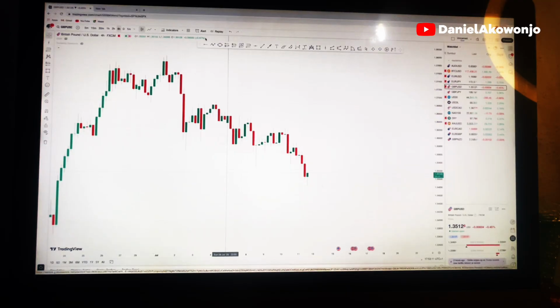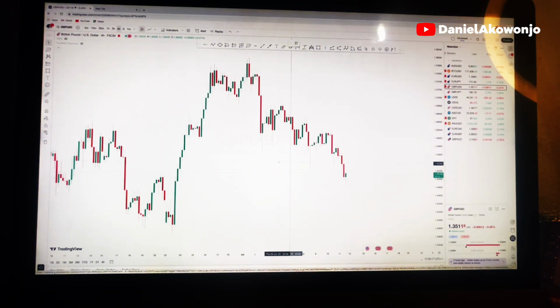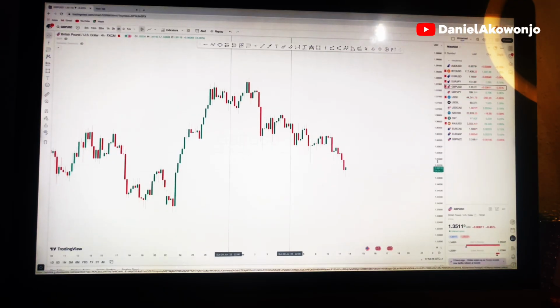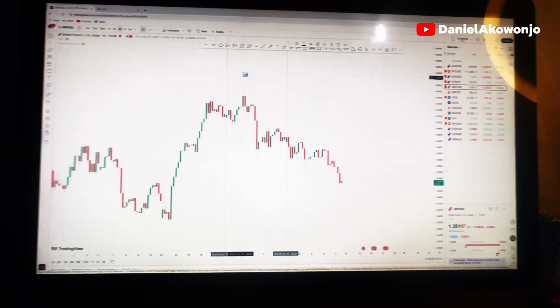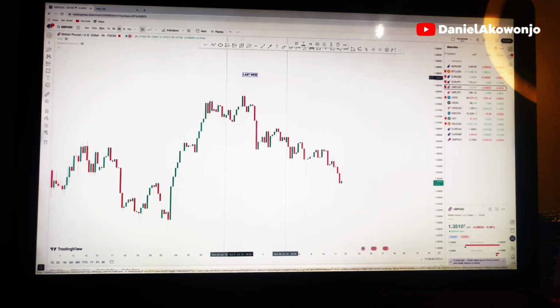The market opened there, and then we closed somewhere. Okay, this is not last week. This is last week here. The market opened here from last week. Can you see that? Everything we did here is last week. Can you see that? So everything here happened last week, right?